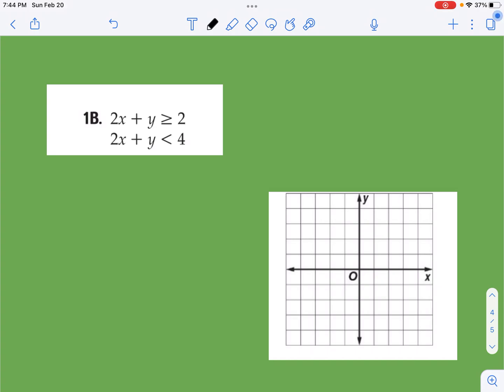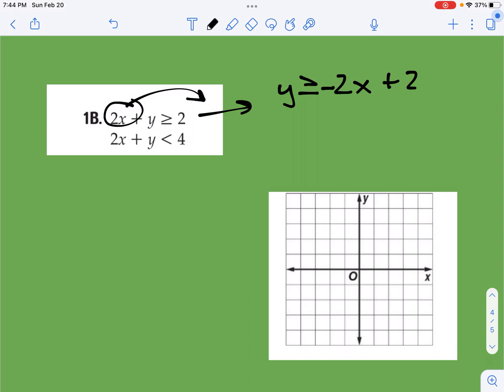So let's plot this. I'm going to take this top equation and rewrite it. Let's move this 2x over, so y is greater than or equal to negative 2x plus 2. Remember, when you move it over, it changes its sign, and because I'm moving it over by adding or subtracting, I don't have to flip anything.